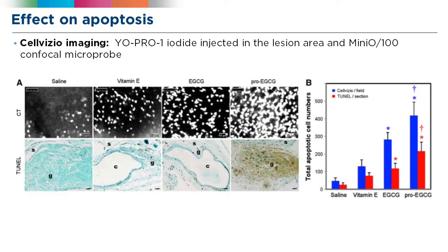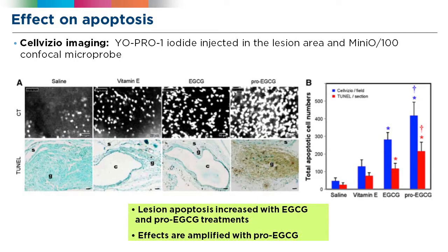What they did is that they manually counted the number of cells that could be labeled using this dye YoPro, and they found an increase of apoptosis with EGCG and pro-EGCG treatment. And again, those effects were amplified using pro-EGCG.